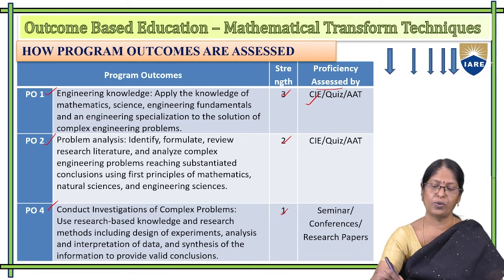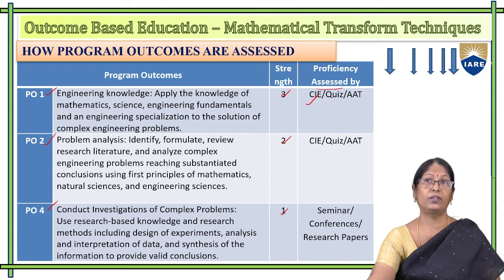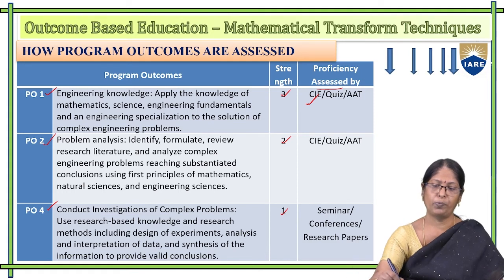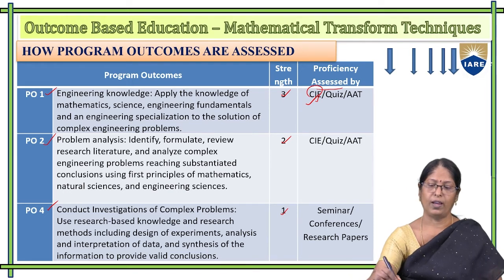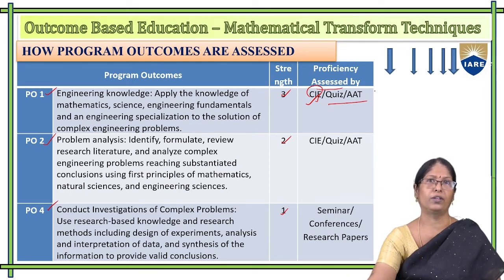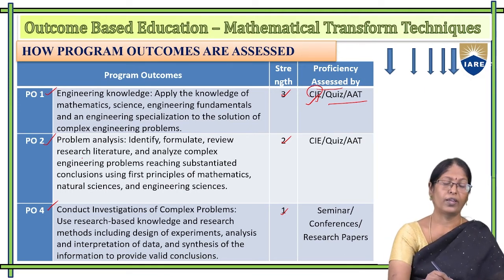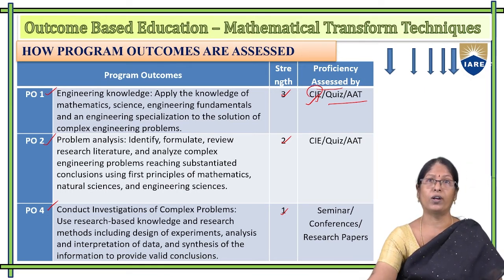For that, the internal mark division is 30%, of which 20% is CIE, the continuous internal assessment, and the next 10% is given in the form of AAT, that is a concept video or tech talk. So now we can say these 3 program outcomes are connected to our course, mathematical transform techniques.